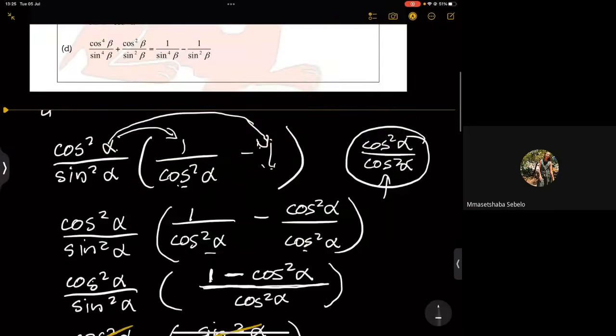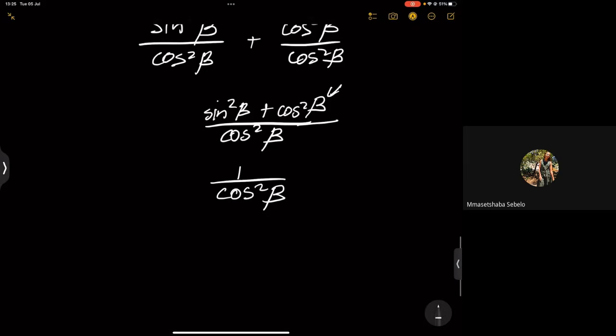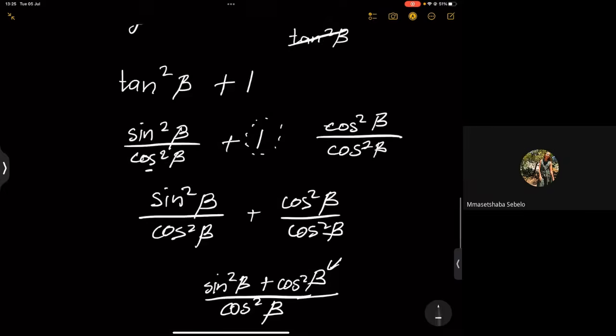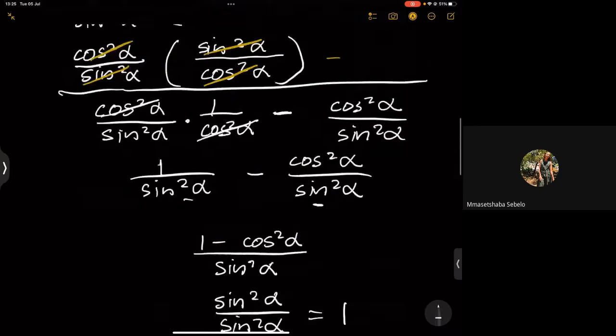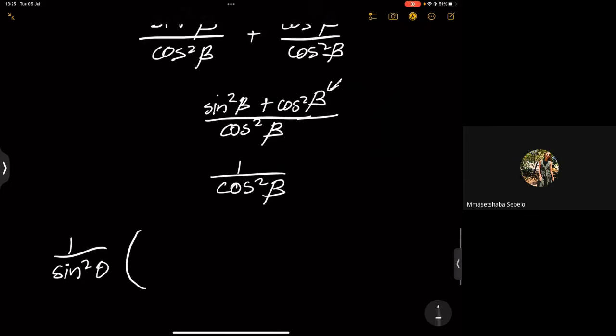So we've got 1 over sine squared of theta into, I think that was, 1 over cos squared of theta minus 1. All right. Is there any volunteer who would like to take me through this one?